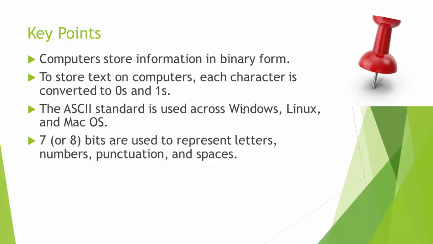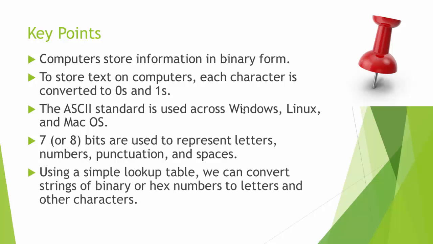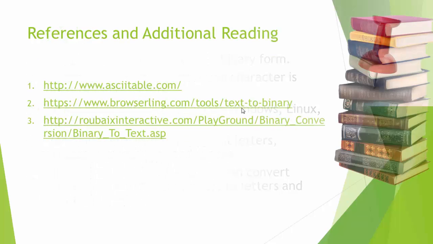Sometimes 7-bit characters are used to represent letters. More commonly today, 8 bits are used. And we can encode numbers, punctuation, spaces, and more. And the only way to convert between these things is to use a lookup table. There's no mathematical approach to it.